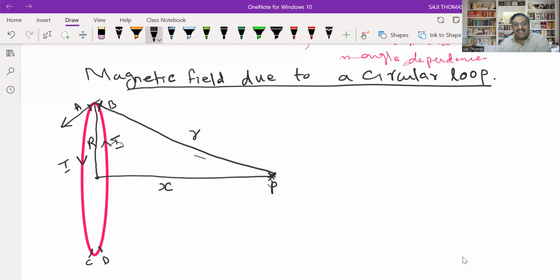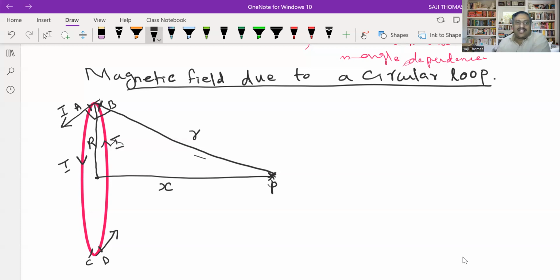And in CD, the current is moving into the plane. If you find the angle between this current direction and r, this is 90 degrees. You have to imagine the loop is in the vertical plane. So the current and r are perpendicular.